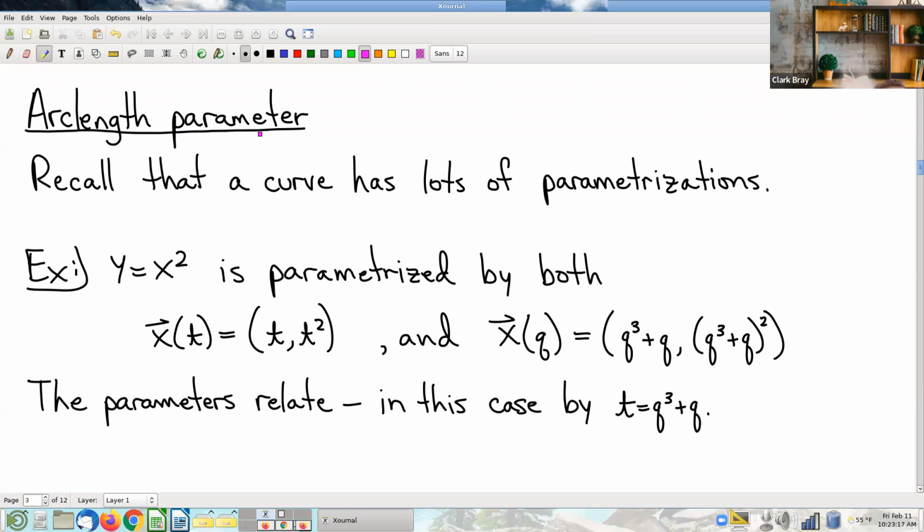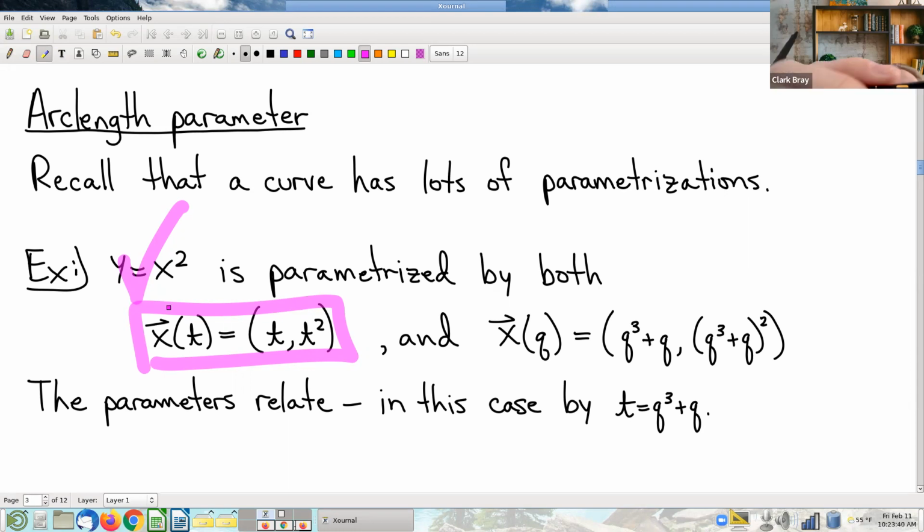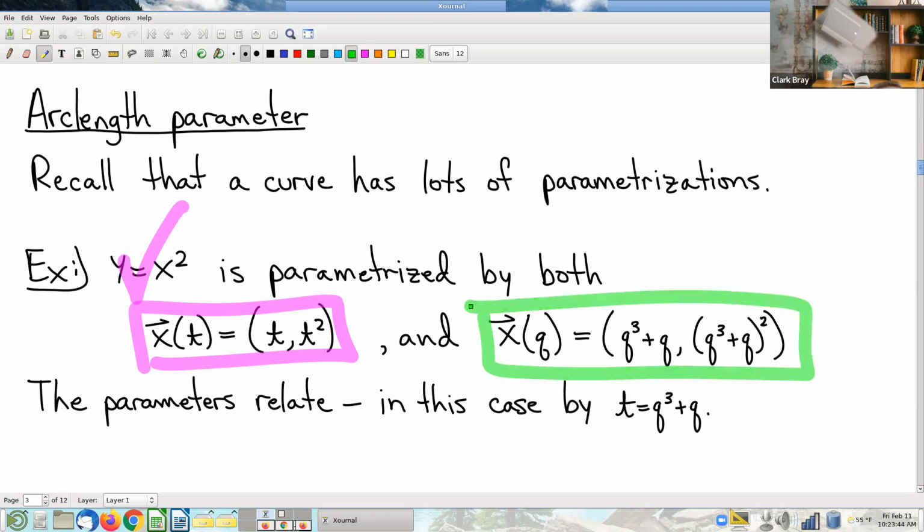The very first observation I want to make is to remind you that a curve can be parameterized in different ways. This, for example, is a parameterization of that curve. In fact, it's arguably the most convenient parameterization of that curve. It's the graph parameterization of that curve. So, easy one. But check it out. Weird though it may seem, this parameterizes the same curve.